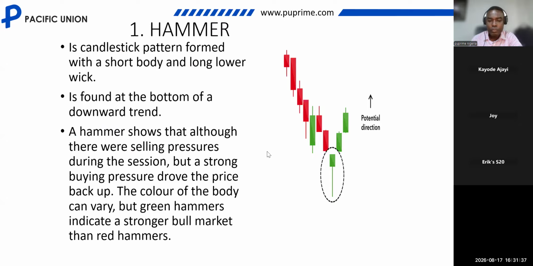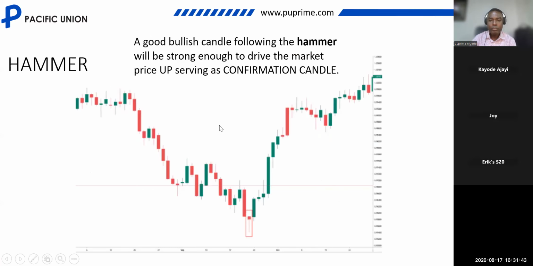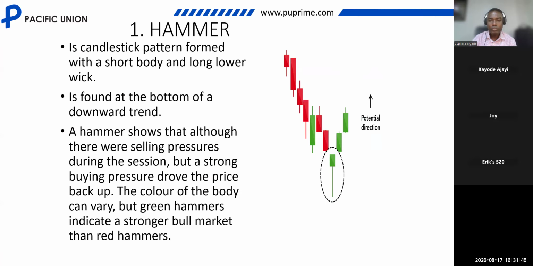That is one. Then two, the hanging man and the hammer look the same, which may likely confuse someone who did not look at it very well. Okay. Is that all, sir?